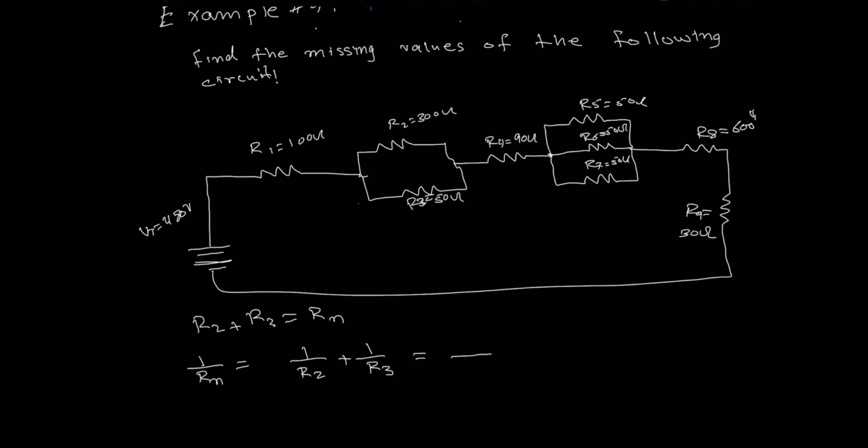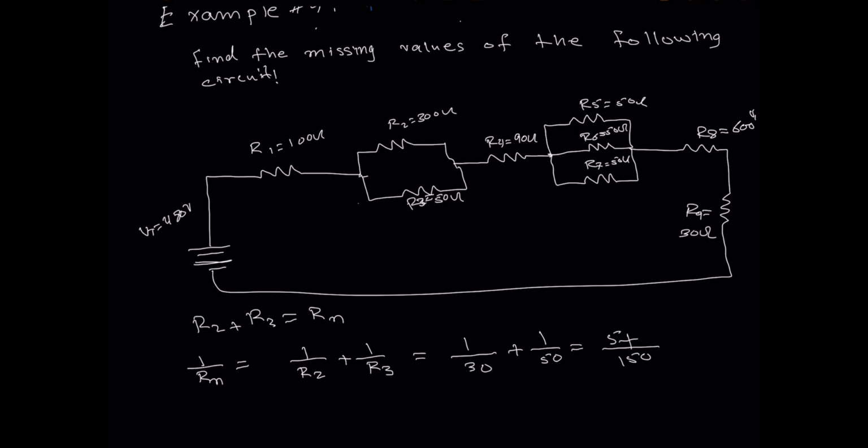We plug the values in here: 1 over 30 plus 1 over 50. The LCD will be 150. 150 divided by 30 is 5, 5 times 1 is 5.